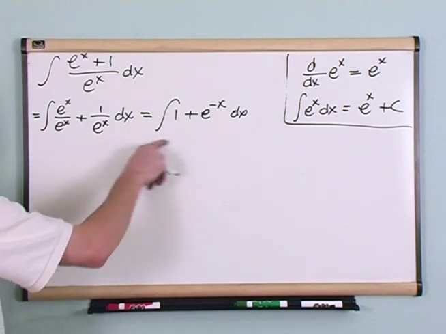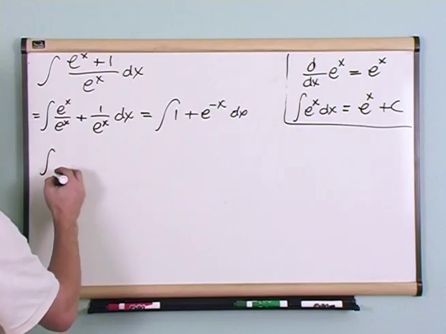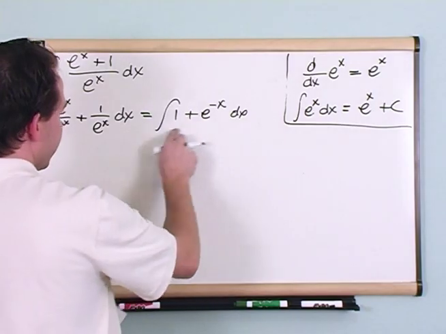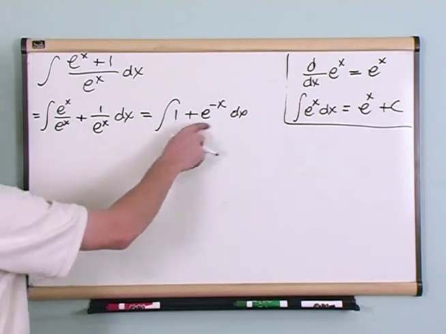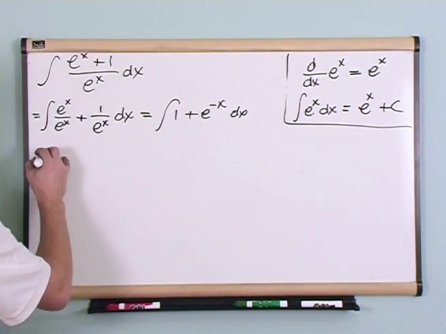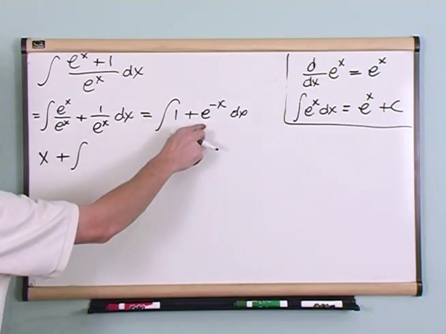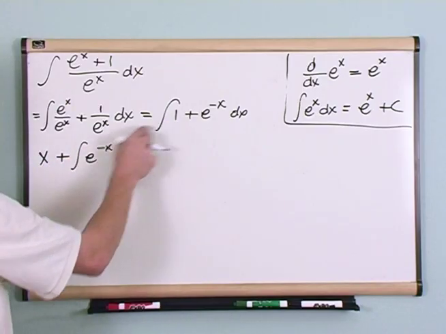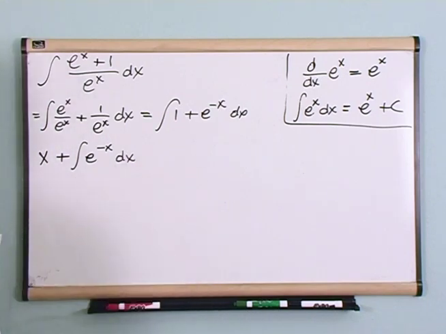Now, the way I'm going to solve this integral is, when you integrate two terms that are added together, you can just simply integrate each term individually and add the results. So I'm going to integrate that first term. The integral of 1 is just simply x, right? Plus, but I haven't integrated the second term yet, e to the minus x dx. I've integrated the first term, but I haven't integrated the second term, okay?